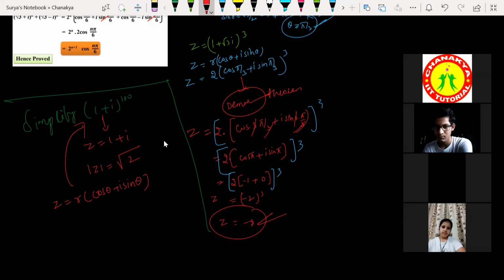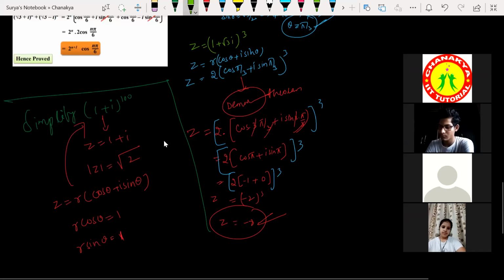Comparing, r cos theta is 1 and r sin theta is 1. Make it fast. What is going to be theta here? By looking at the equation straight away, you must tell the answer. What is my theta?